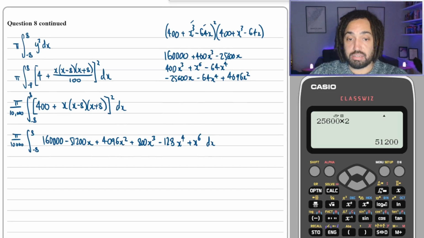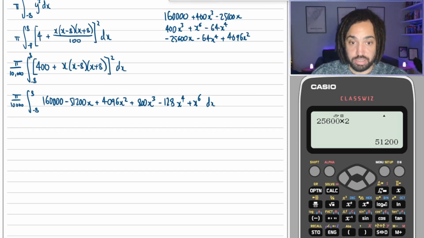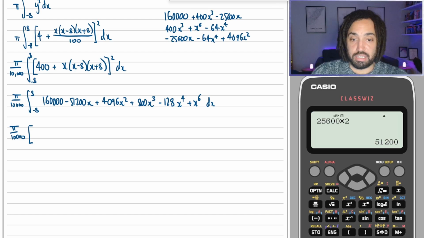Okay, so now I just need to integrate this. So I can still keep this outside. And I need to up the power and then divide by the new power. So this is just I'm going to add the x on here, and then I'm going to up this power and divide it by the new power, which will be 2.